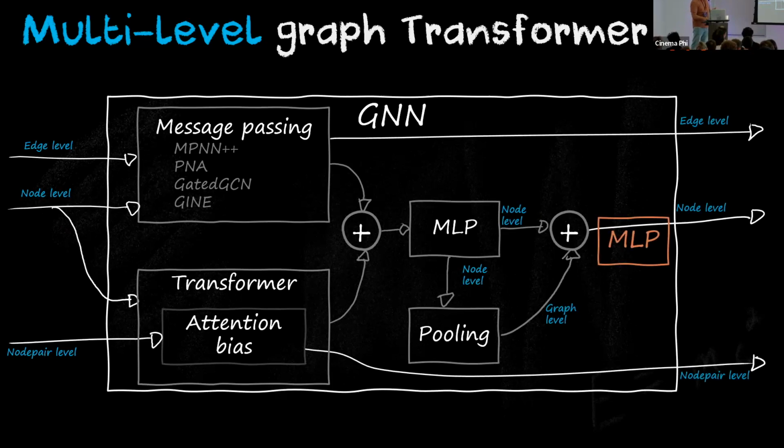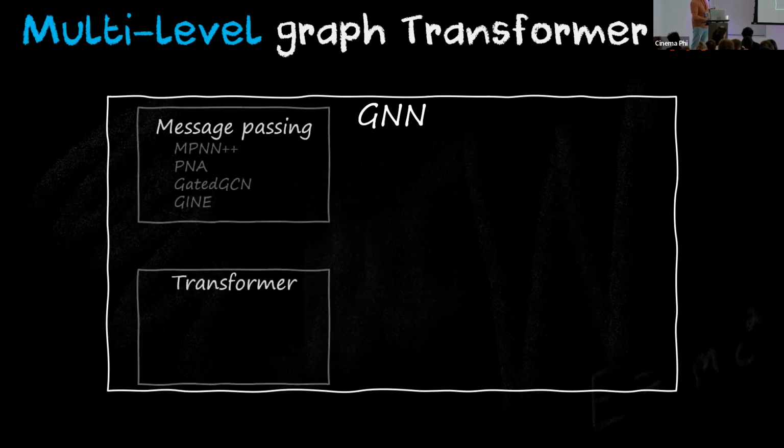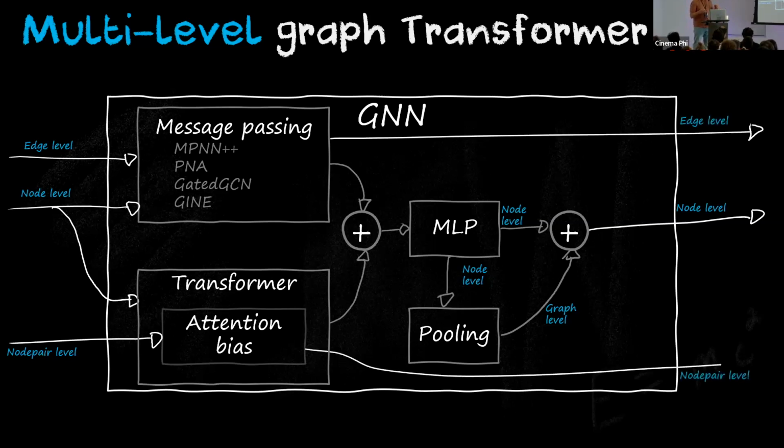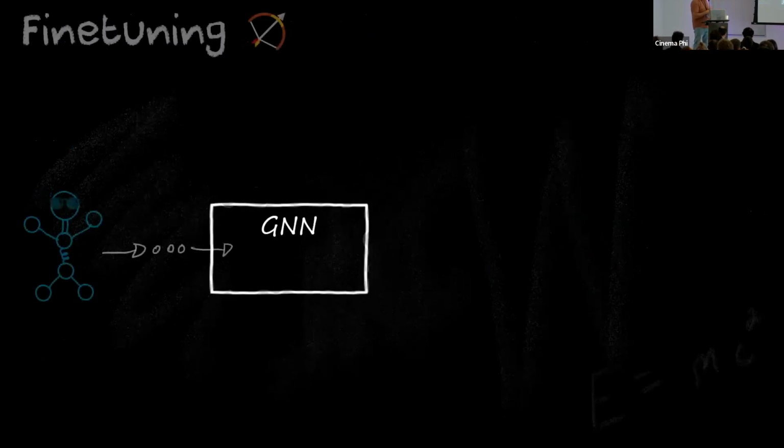One thing that's important is that we don't want to just do message passing and then have all the nodes have no idea about the global structure of the graph. By doing a pooling at every layer, sometimes called a virtual node, or you can just call it pooling, it allows the network to always know the global structure while it's learning, and this allows it to learn a more meaningful representation.